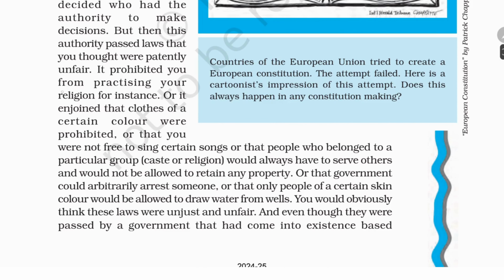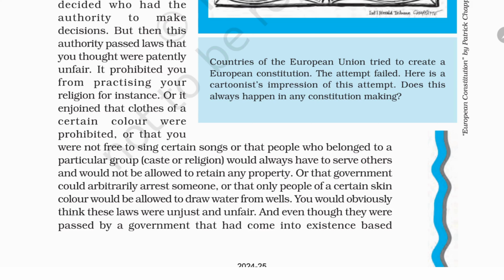It prohibits you from practicing your religion, for instance, or it enjoins that clothes of a certain color are prohibited, or that you are not free to sing certain songs, or that people who belong to a particular group, caste, or religion would always have to serve others and would not be allowed to retain any property, or that government could arbitrarily arrest someone, or that only people of certain skin color would be allowed to draw water from wells.